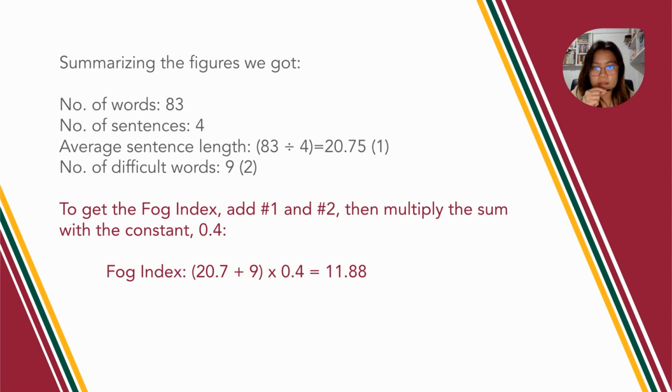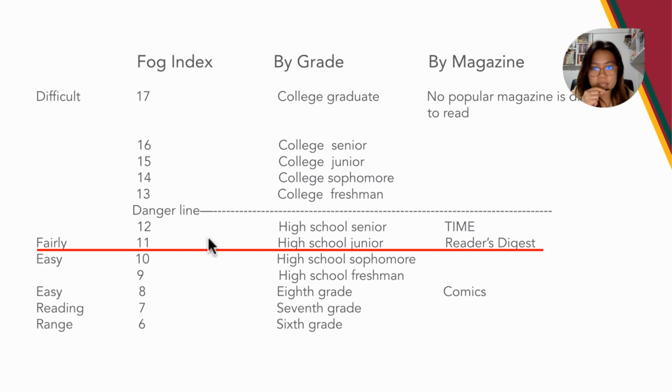Now, where does 11.88 stand in the fog index table? So, according to this, the difficulty of a text or the passage is fairly difficult. It's in the fog index number of 11, and by grade it is a high school junior type of skill, and by magazine it can be equated to Reader's Digest.